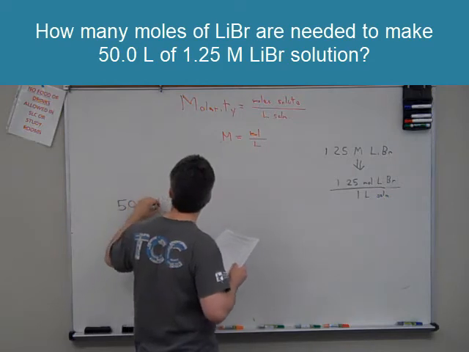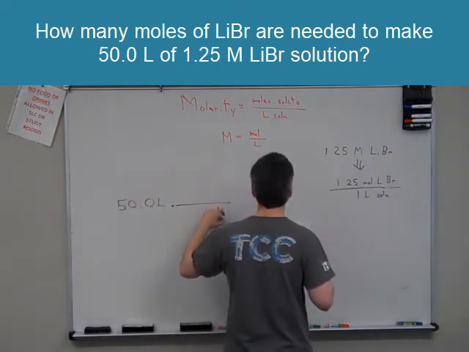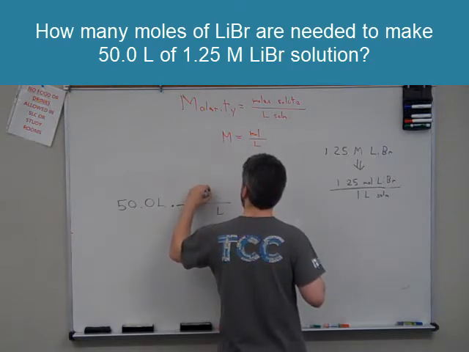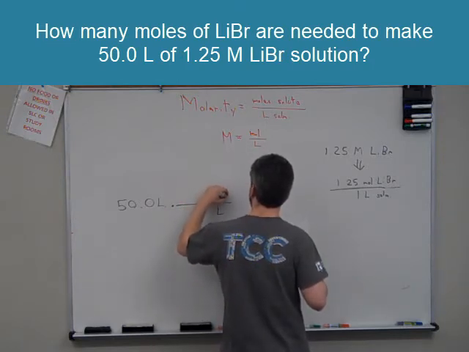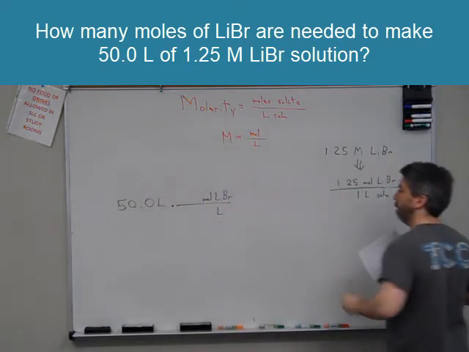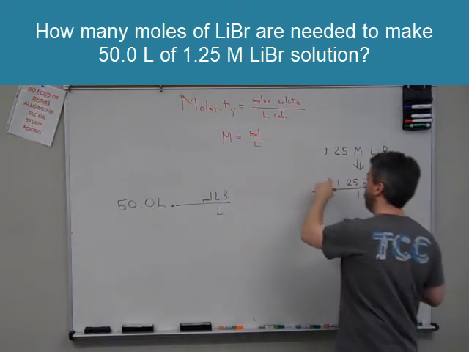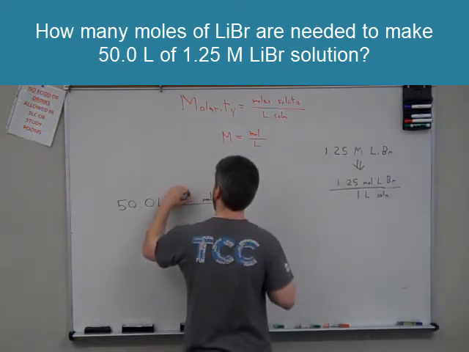So I have 50 liters. I can use this as a conversion factor. I can just bring liters down here and moles of LiBr up here. See, with liters already given to me, I can just use this as a conversion factor. 1 liter is 1.25 moles of LiBr.